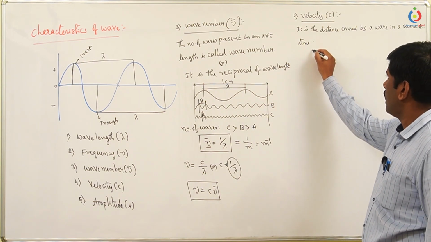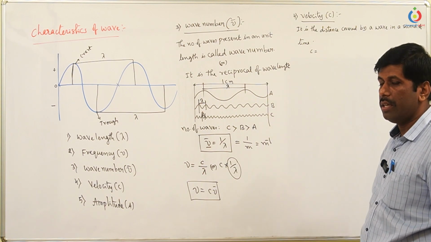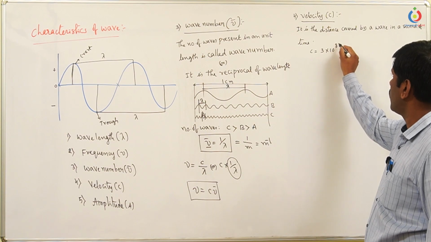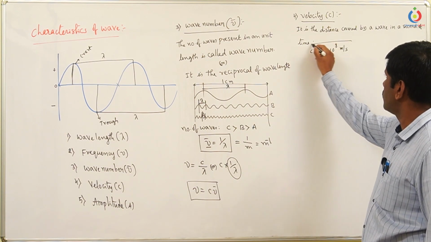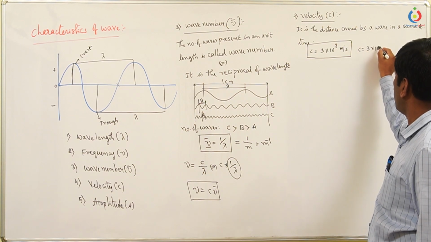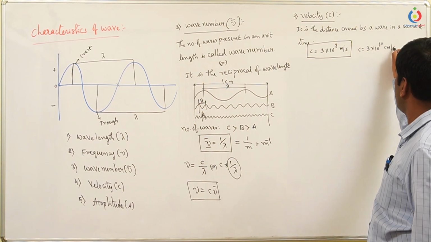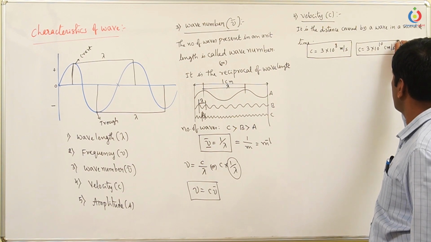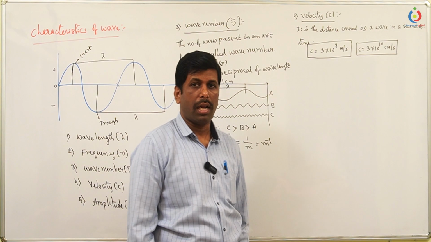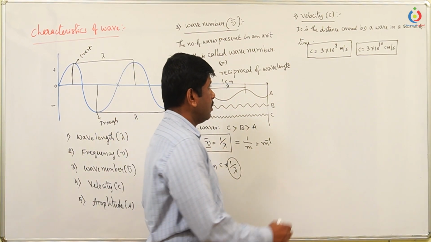Usually the velocity of light or all electromagnetic radiations we take as 3 into 10 power 8 meters per second, or else we can take 3 into 10 power 10 centimeters per second. You must remember that all electromagnetic radiations travel with equal velocity.